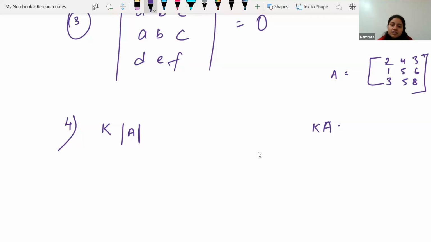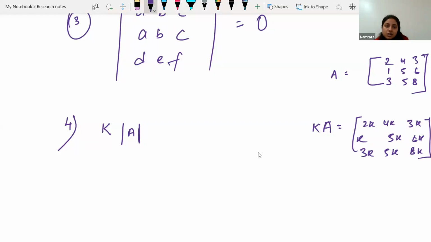If we multiply k into the matrix, we used to have 2k, 4k, 3k, k, 5k, 6k, 3k, 5k, 8k. This is how we used to do the multiplication with the scalar.